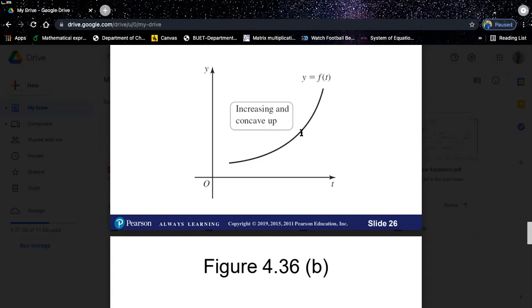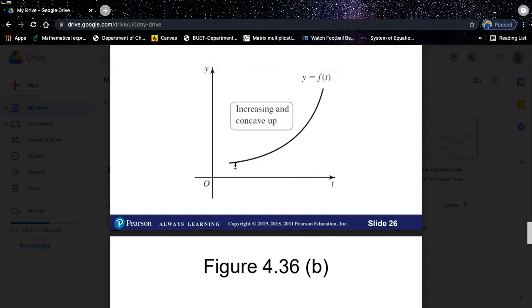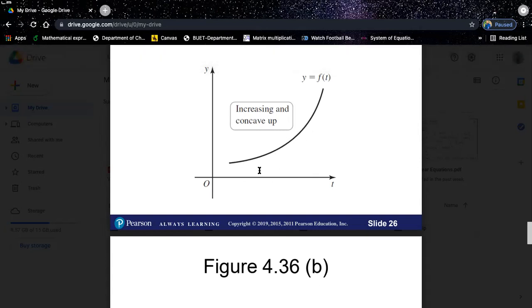Move to your right, increase your value of t, and at the corresponding values on the graph, try to draw tangent lines. You will see the slope will increase as you move to your right, like this. Do you agree?